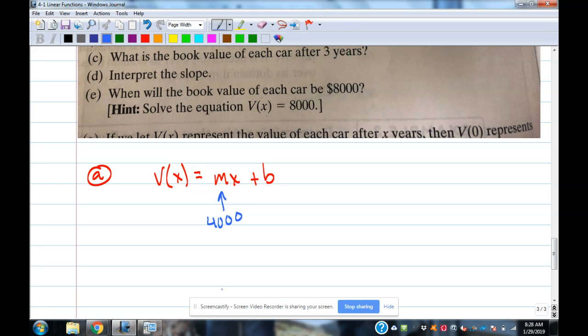Per year, true, $4,000, true. But what's happening when you depreciate something? It's losing, right? So that 4,000 needs to be negative. That's what I'm after there. So it's a negative 4,000 because it's depreciating, okay?